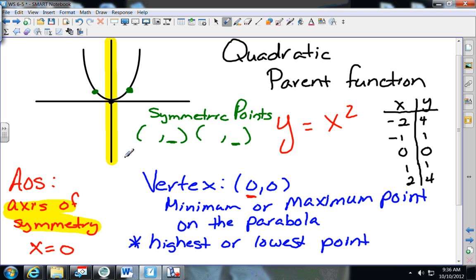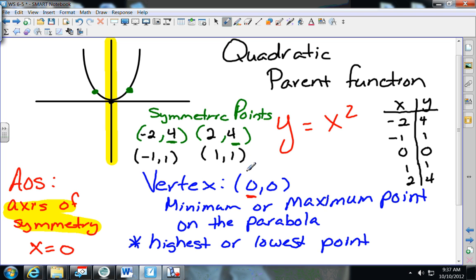So in this quadratic parent function, give me a set of symmetric points. (-2, 4) and (2, 4). What's another set? (-1, 1) and (1, 1). The y numbers are the same. Those are the symmetric points. That's what you're looking for.